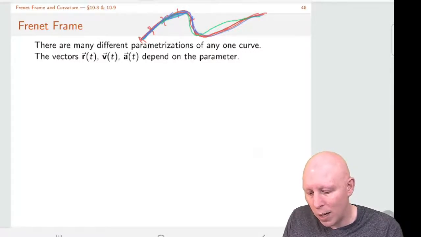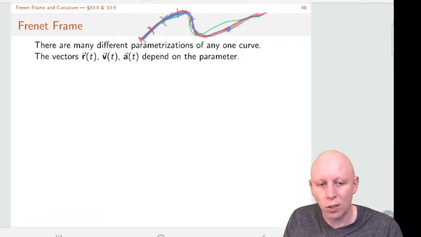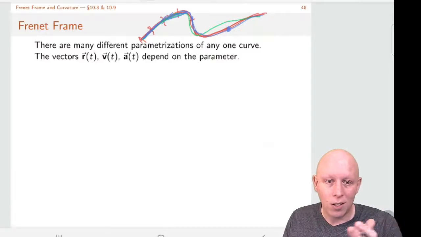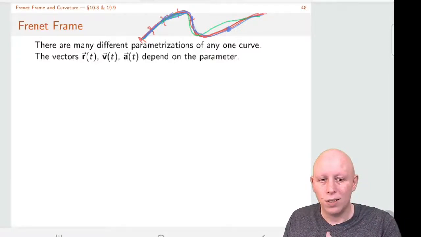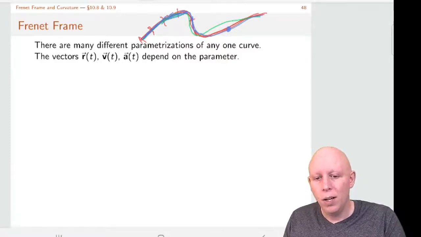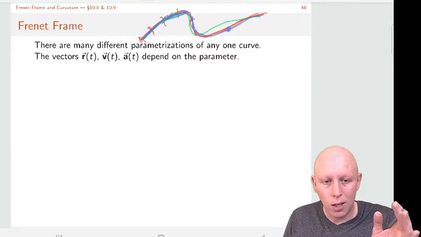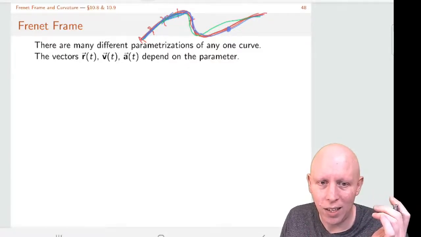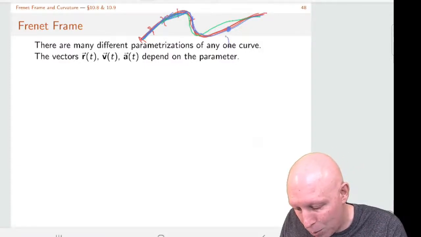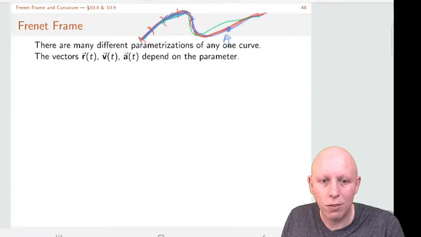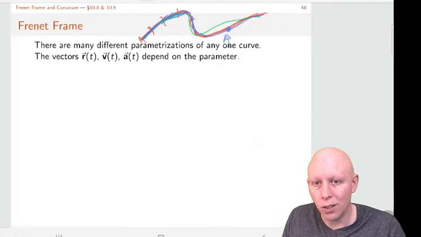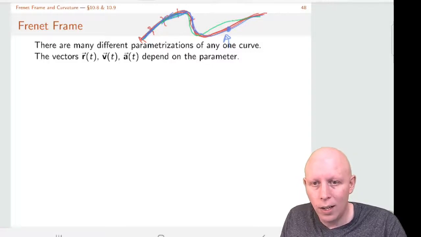There's something special about being at this point on the curve that doesn't depend on the parameters of how you're tracing the curve. And so this portion of the lecture is about what we would say is happening at this point on the curve, whatever the parameterization of the curve is.